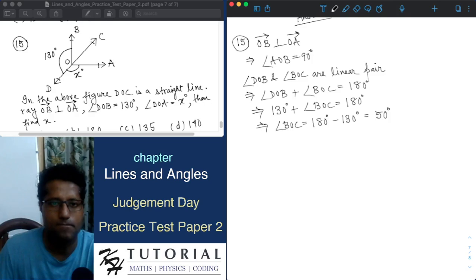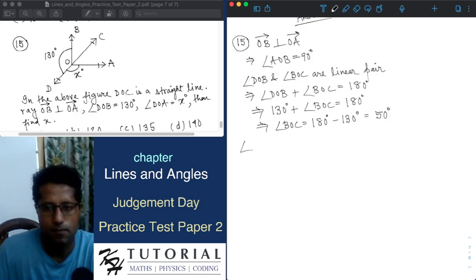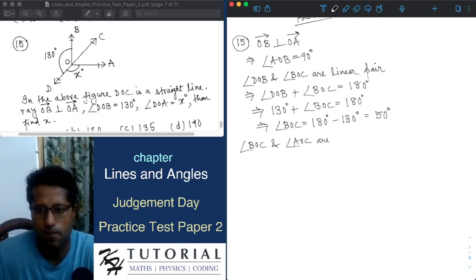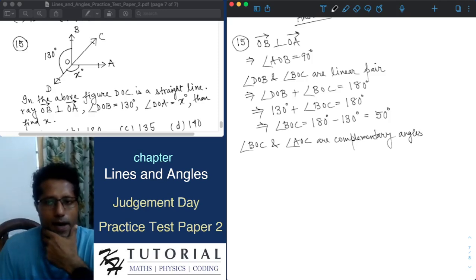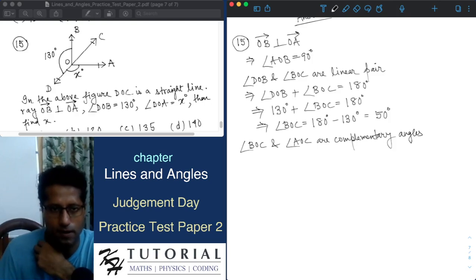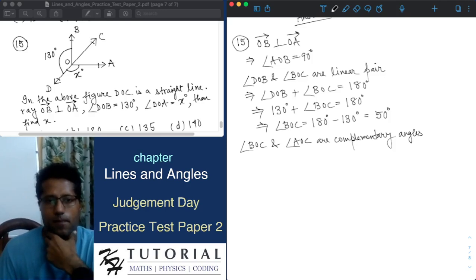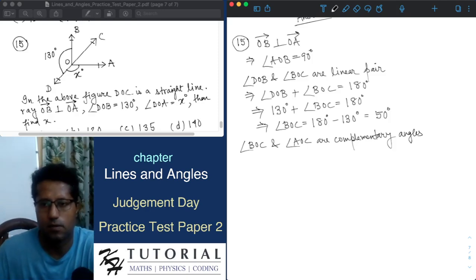Now also see that angle BOC and angle AOC are complementary angles because angle AOB is 90 degrees, and of course the ray OC. And angle BOC and angle AOC are adjacent angles. So we must have complementary angles.